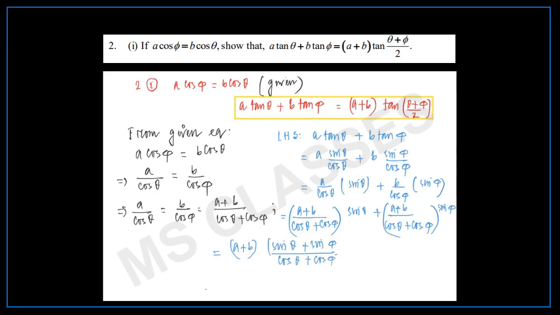Now, this numerator is in accordance with the sin C plus sin D formula. The denominator is with the cos C plus cos D formula. Now we apply the formula.